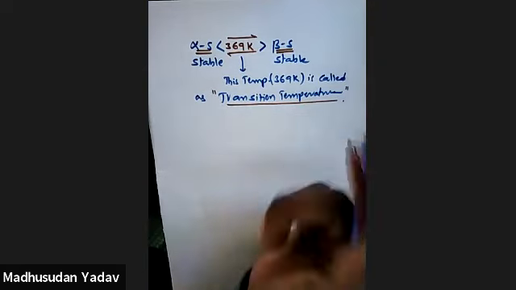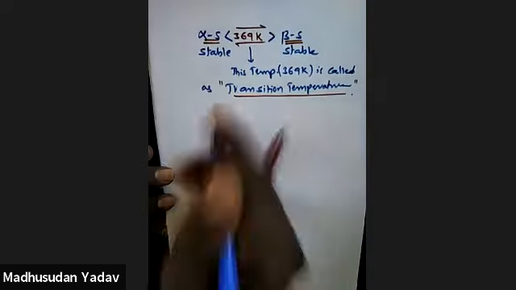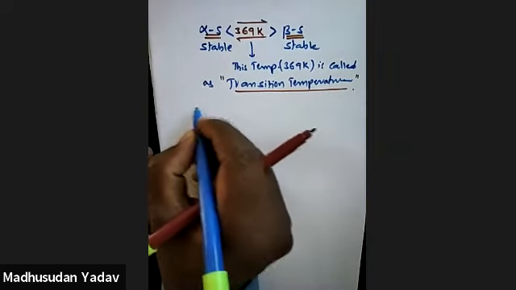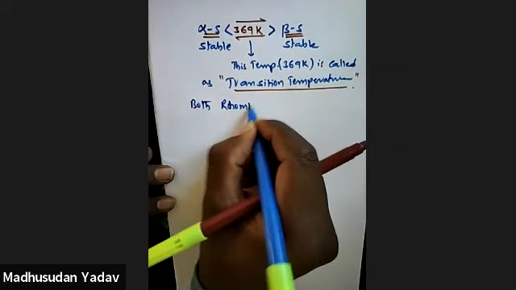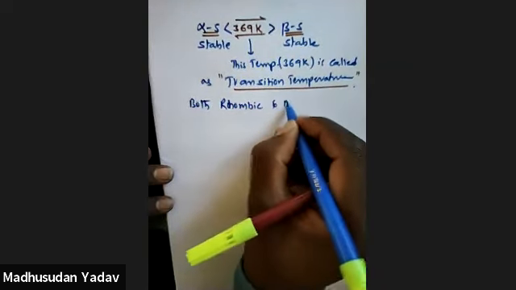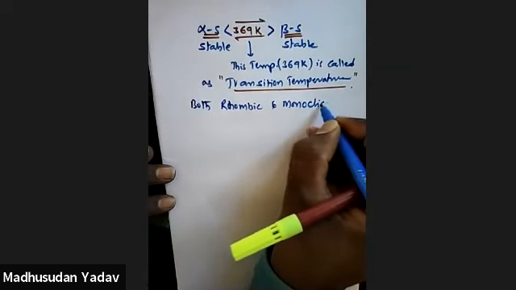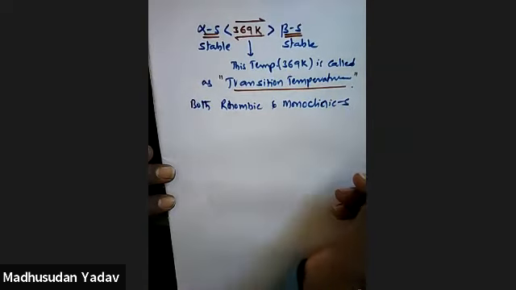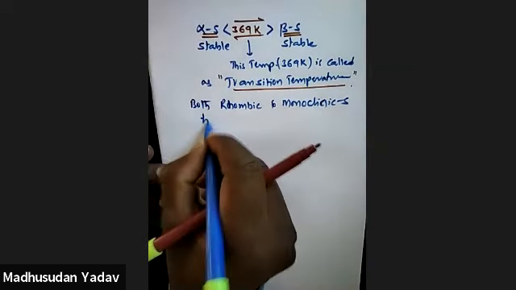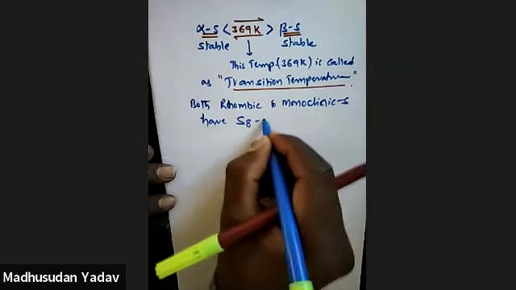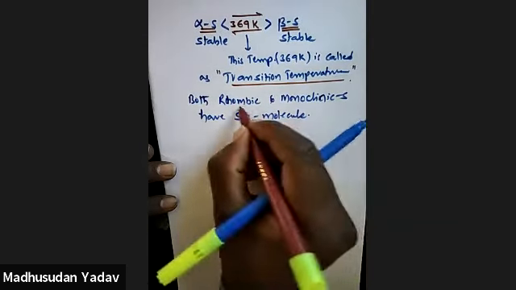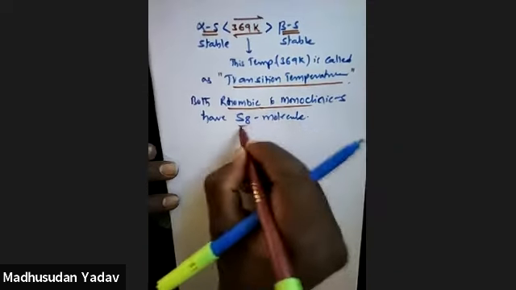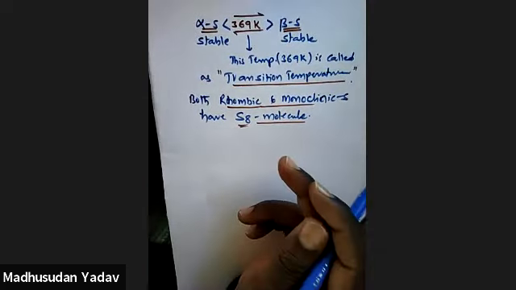Next point: whether you take monoclinic or rhombic sulfur, both have S8 molecules joined together.